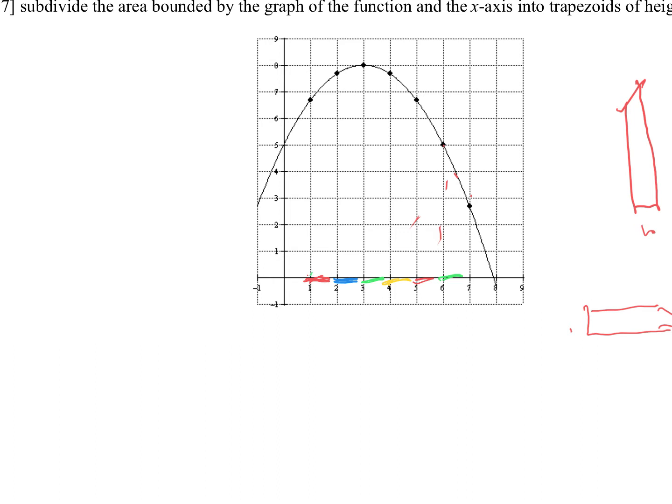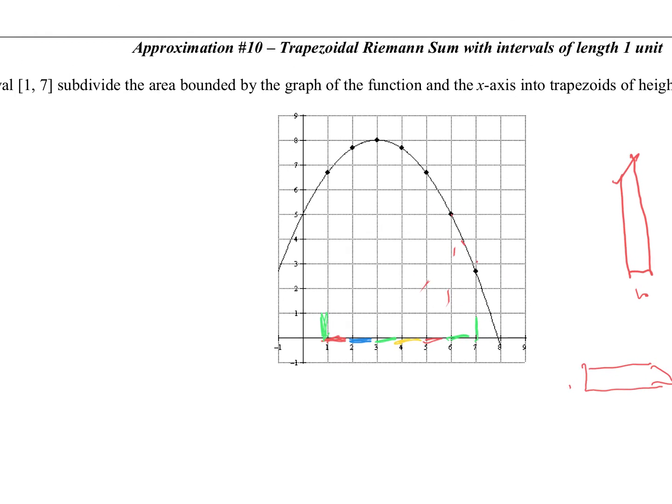So I'm only going from here to here of trapezoids. And the rule was go for each of these pieces, you're moving straight up to the function. Touch the function. Touch. Touch. Touch. Touch.